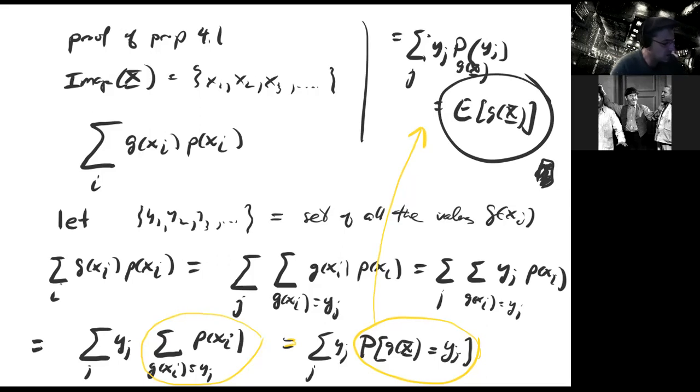Okay, so what I want to do next is consider just a special case of this, which is going to be used over and over in the course of this course. This is a corollary that appears in the text. Let a and b be any constants, and then we can form the random variable aX plus b.